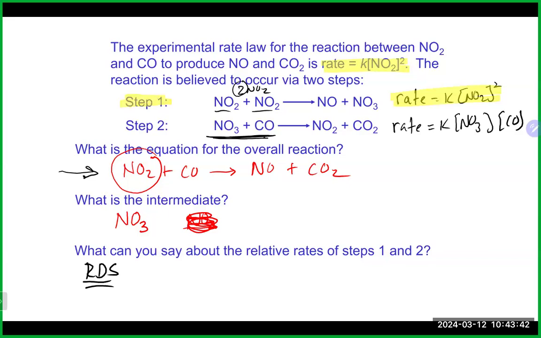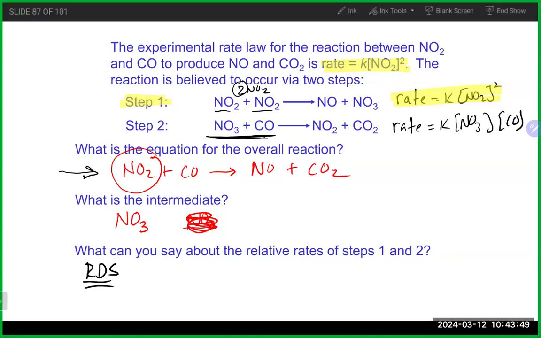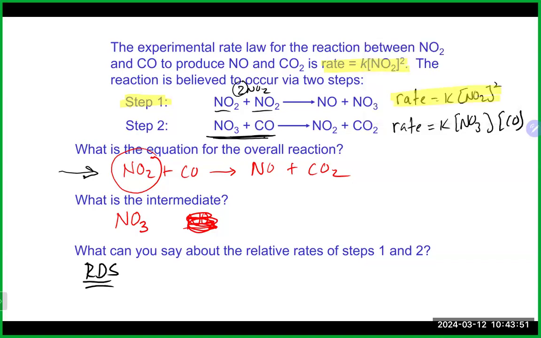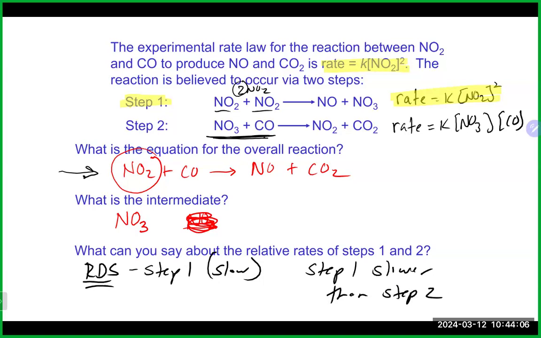So because step number 1 has the exact same rate law as the one that was found experimentally, that means that step number 1 in this case is our rate determining step, which means it is our slow step. Which means in terms of relative rates, step 1 should be slower than step 2. Step 2 should occur a lot faster than step 1 in this case, or however you want to word it. Any questions on that there?